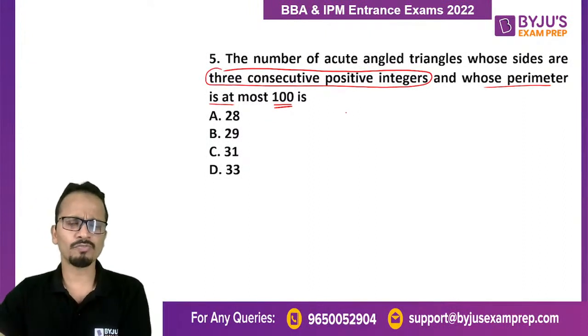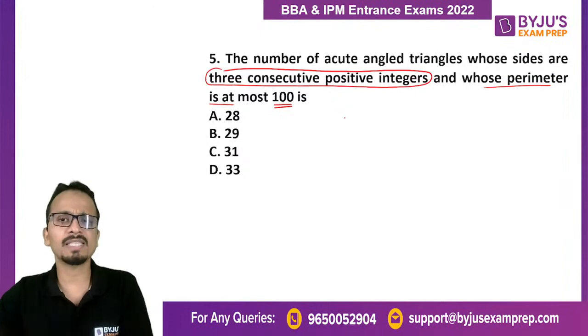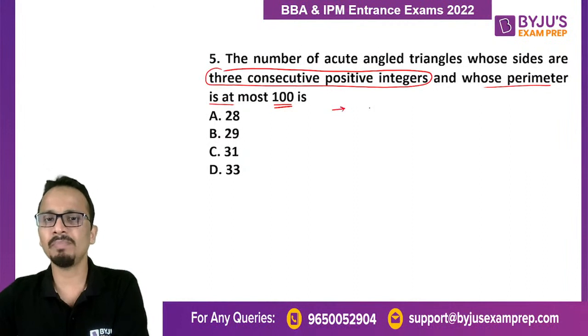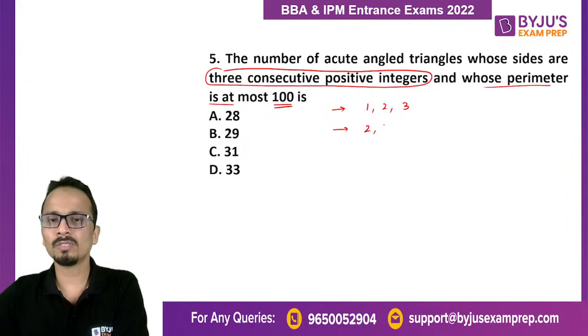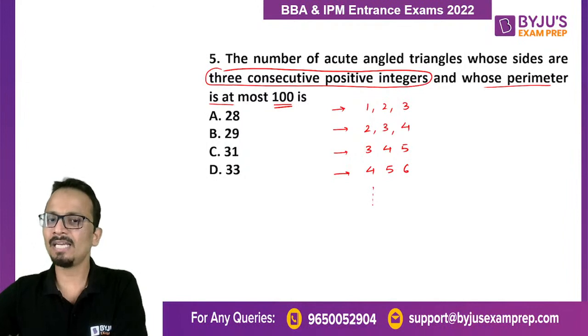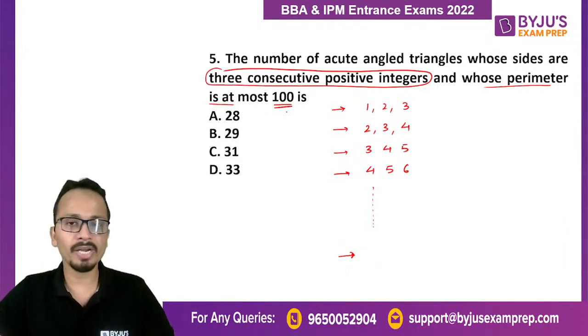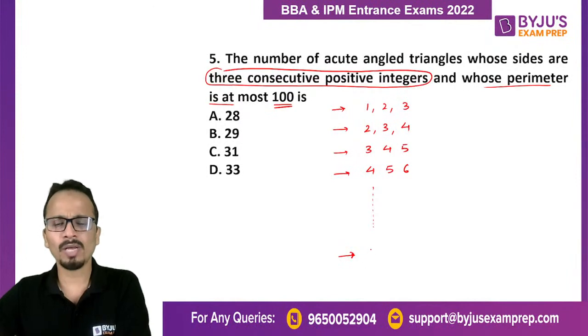So I'll write first of all the set of 3 consecutive positive integers starting from 1. So the first possibility can be 1, 2, 3, then 2, 3, 4, 3, 4, 5, 4, 5, 6, and so on. And let's look at what will be the last possibility. Now the sum of the sides should be 100 or less than 100. So I'll write 31, 32, 33.